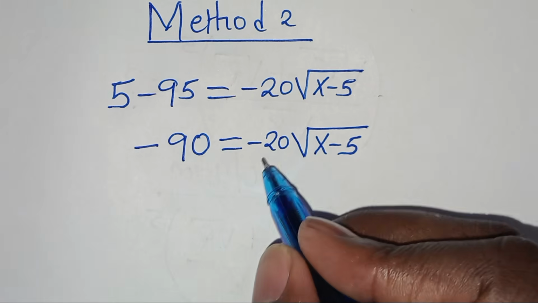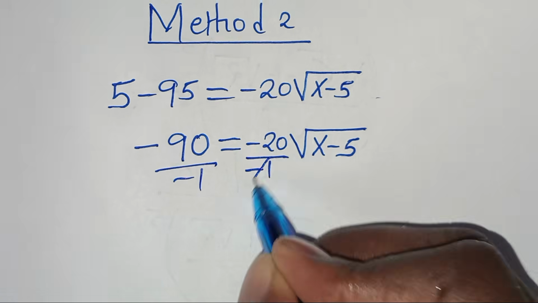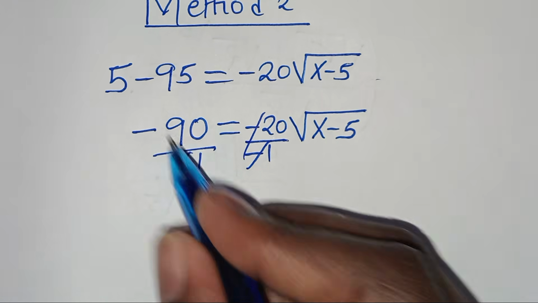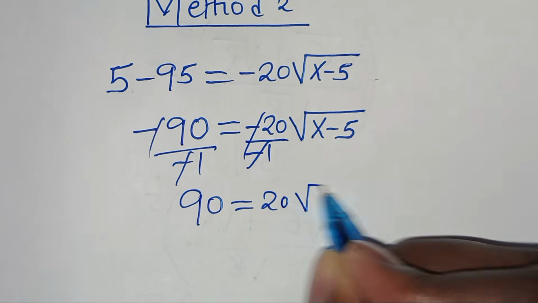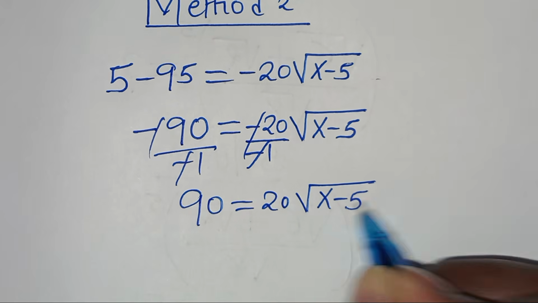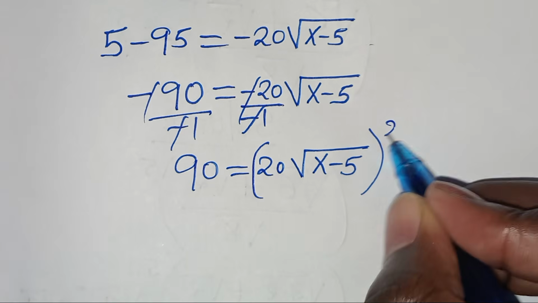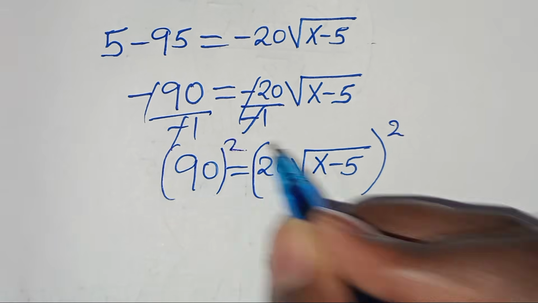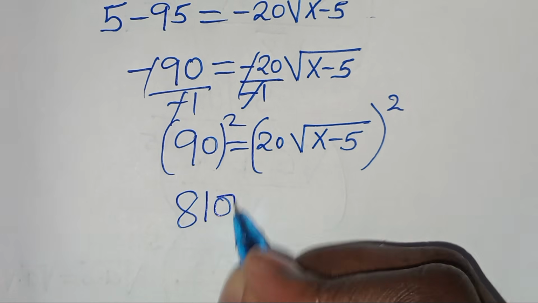Now from here, let's divide by negative 1 by negative 1 here. And this means we have 90. This is equal to 20 square root of x minus 5. Now the next step is to square on both sides from here, so that now we have 90 squared, this is 8100.